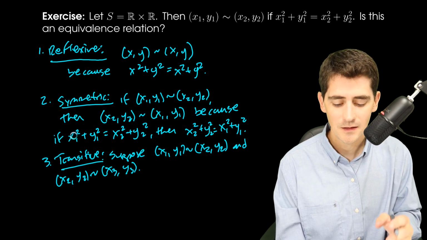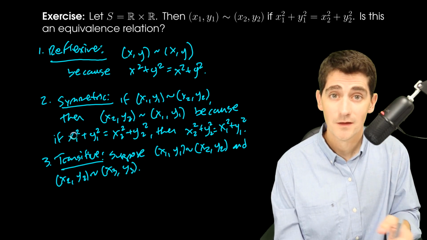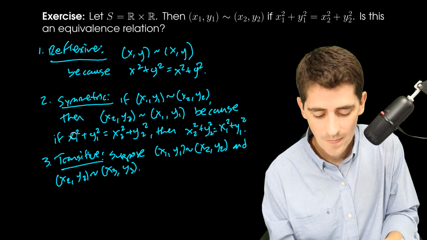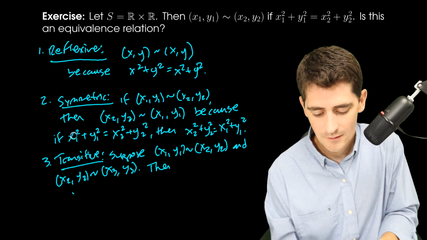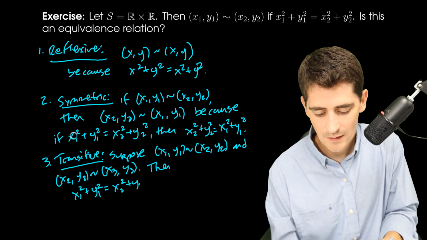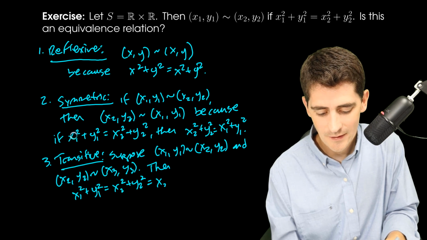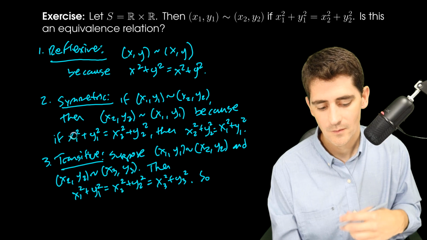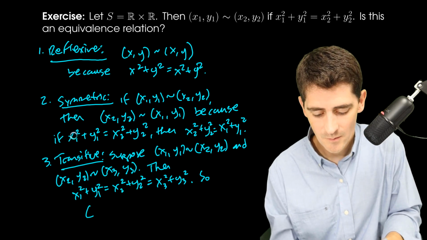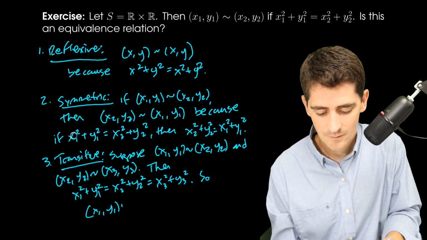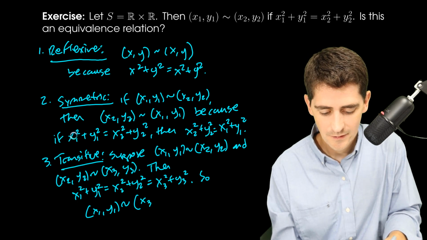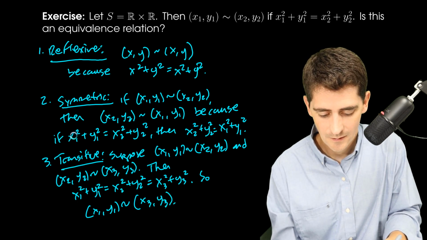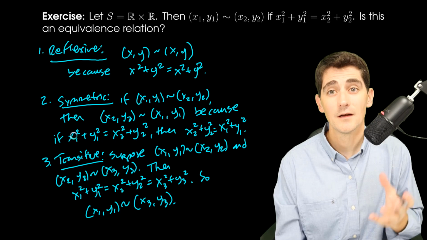Yeah, we definitely can, because again, we're just using the standard version of equals. I know that x1 squared plus y1 squared equals x2 squared plus y2 squared, and that equals x3 squared plus y3 squared. So, by the definition that we set up, that means (x1, y1) squiggles (x3, y3). There. This is an equivalence relation.